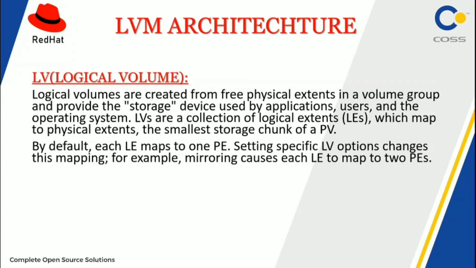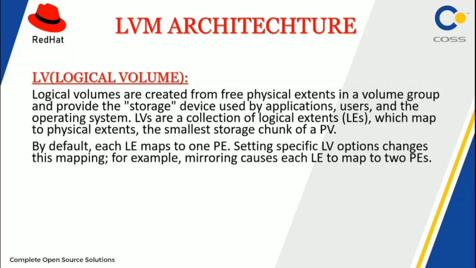So what does LE mean? LE means an isolated physical extent from the volume group, where we are going to store our data. With however many PEs you have created the logical volume, those PEs will be called LEs. They are mapped to a particular physical extent. Setting specific logical volume options changes this mapping.